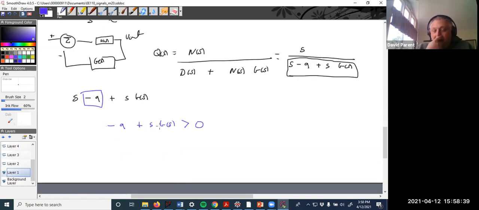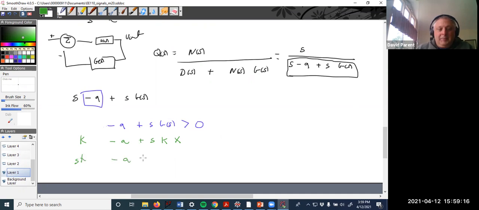Well, let's try K, right? So minus A plus S times K. Well, if this has no term in S, I can't add SK. That's only going to affect that term over here, so that's not going to work. Let's try SK.